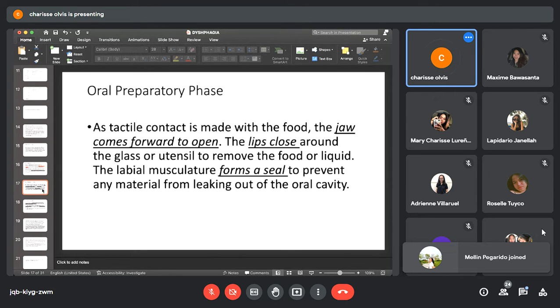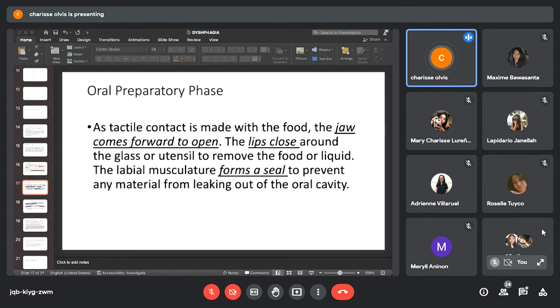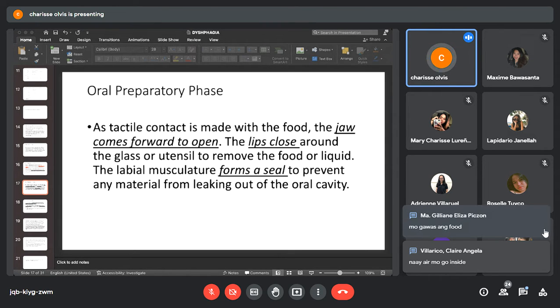Okay. What do you think will happen if the lips cannot seal properly? The problem would be the food comes out. What else?